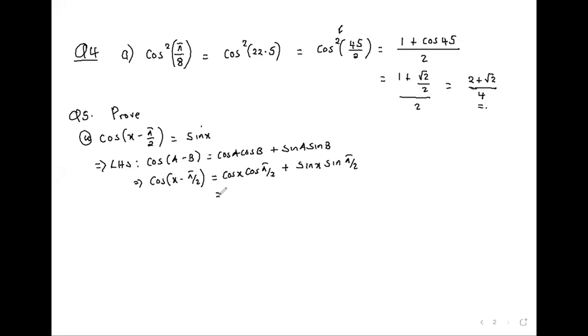But you know π/2 is 90, so cos 90 is 0, so this term is going to be 0 here. Plus sin 90 is 1, so we have sin x times 1, which is sin x.